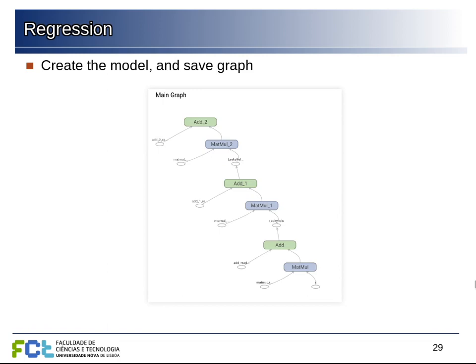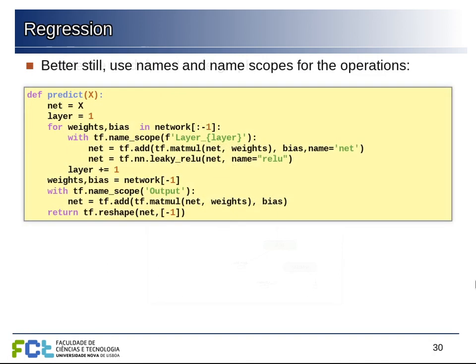So this is a bit ugly, especially if you have a large network. So what you can do is, when you are creating these computations, you can use this name scope from Tensorflow and group together several of these computations into the same name. So for example, we can call it layer and give it the number of the layer.